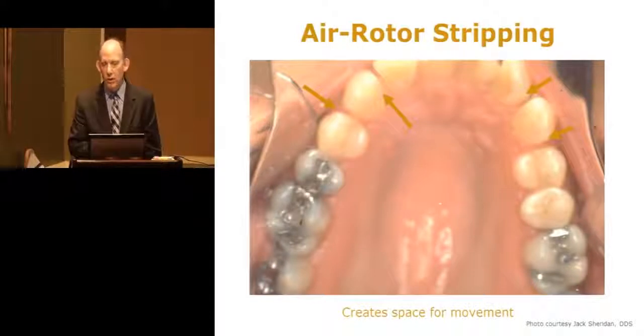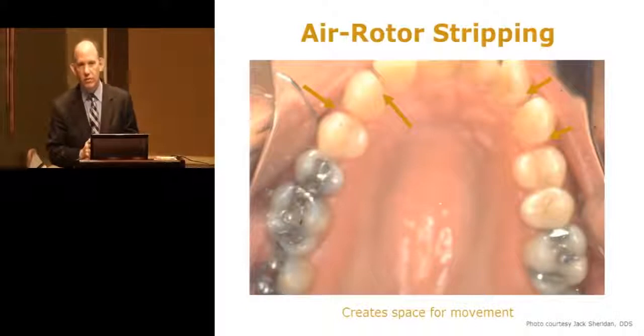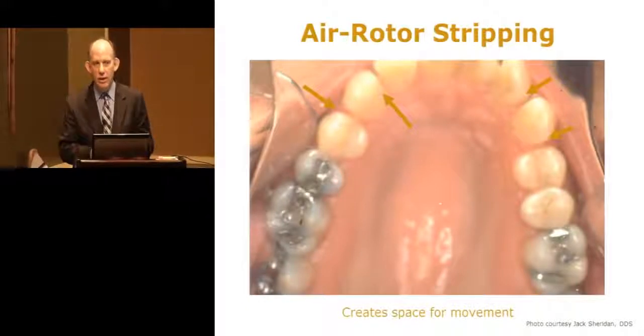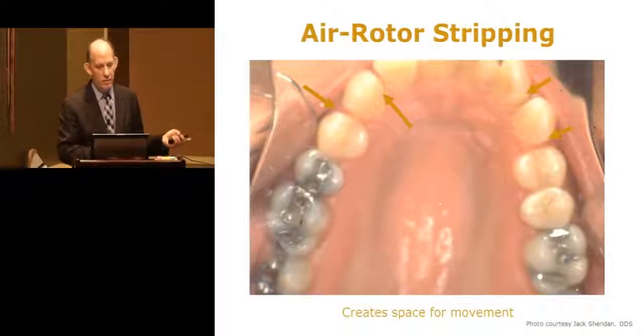From a perio standpoint, not so safe. You'll get the teeth too close together potentially. You'll infringe the biological width. You'll create situations where you have constant inflammation, and it won't be a picture of health, to say the least. So I'm not a big fan of this.